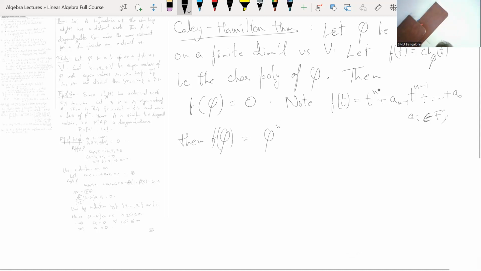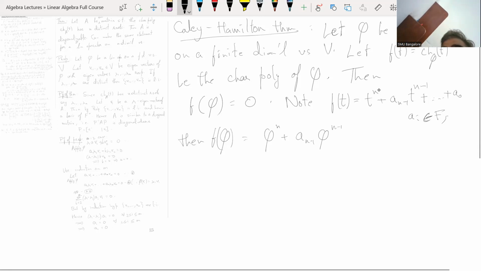If I write a matrix to the power n, of course, you multiply the matrix with itself n times. Similarly, if I write phi as a linear map, it means you compose phi with itself n times. Similarly, a_{n-1} is a scalar, an element of the field.